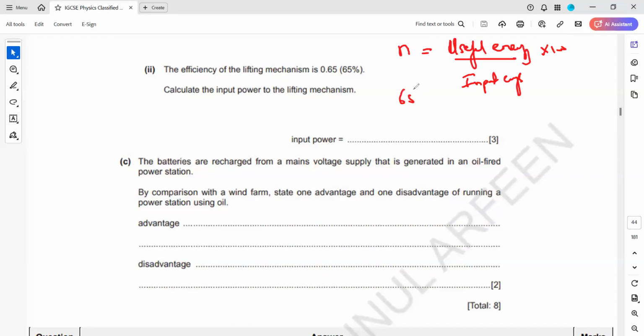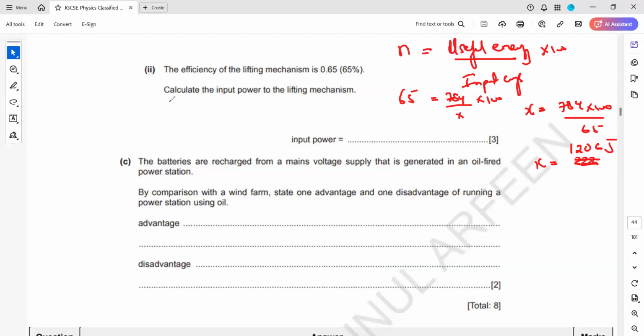So efficiency is 65, useful energy output was 784, input energy we don't know. First we find the input energy: 784 multiplied by 100 divided by 65. What's the answer for input energy? 1206. So 1206 joules of energy is there.